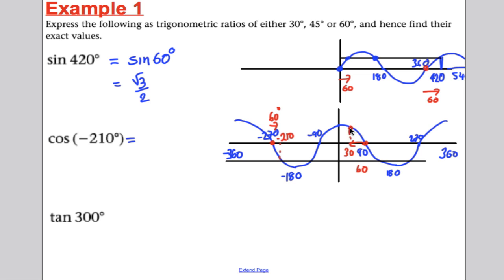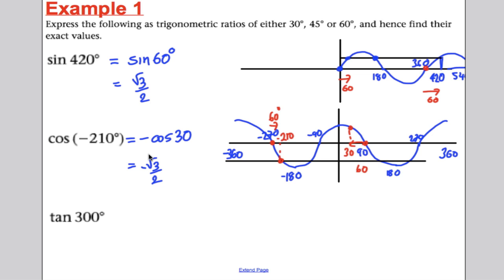This value here is going to have the same number as that value there, apart from that's positive and that's negative. So this cos of negative 210 will be the negative, making this negative cos of 30. And cos of 30 is root 3 over 2, so this would be negative root 3 over 2.